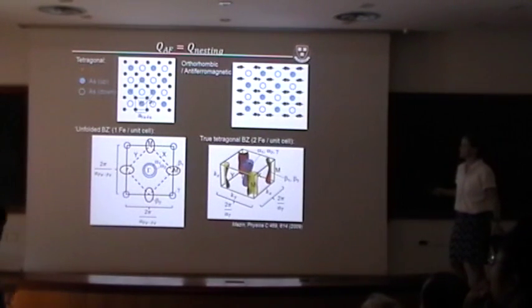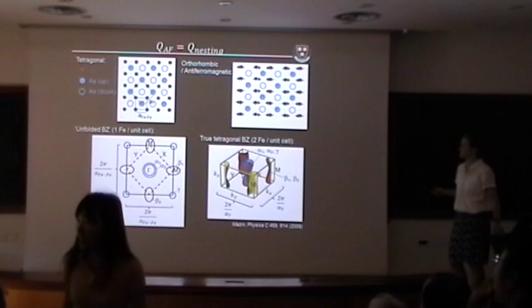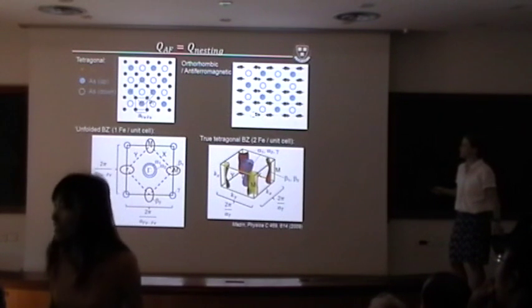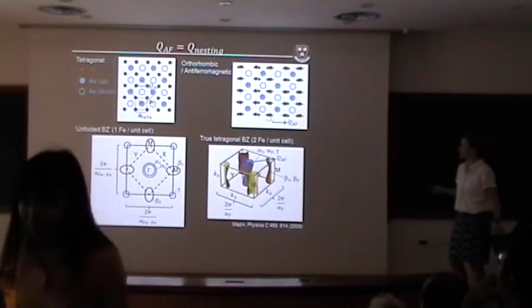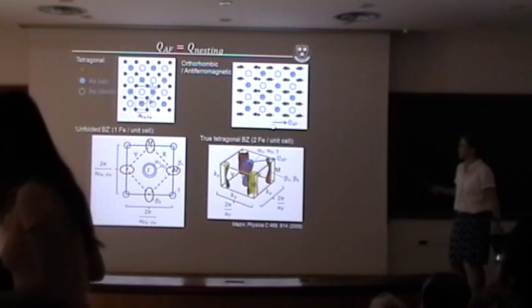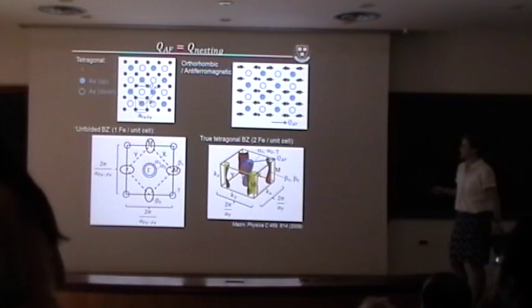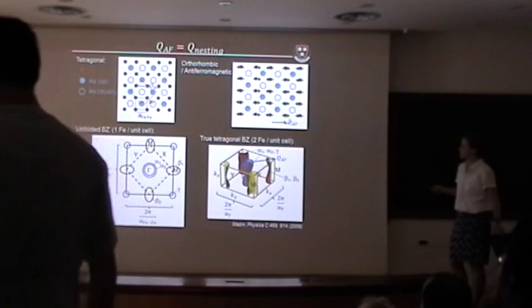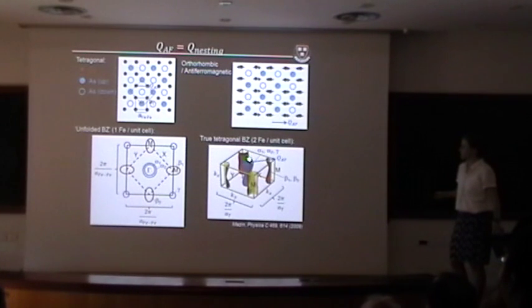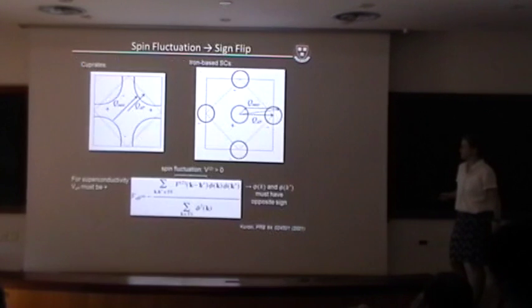There are at least fluctuations in static spin order, at least fluctuating spin order with this wave vector here, Q_AF. So it's collinear antiferromagnetism along the irons, and this antiferromagnetic wave vector matches exactly the nesting vector between the hole Fermi surfaces here and the electron Fermi surfaces here. And so this suggests that there's a spin-based mechanism for the pairing between these Fermi surfaces.